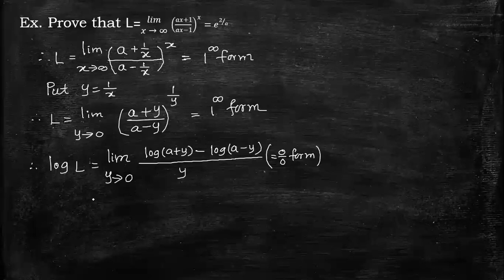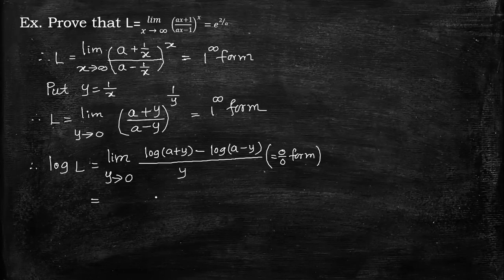Now we have to apply L'Hospital's rule. We have to find the derivative of numerator and denominator separately. In the denominator there is y. Derivative of y with respect to y is 1. So we'll just write the derivative of numerator with respect to y.